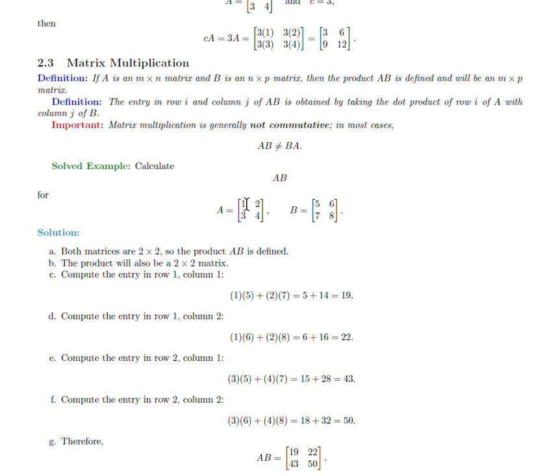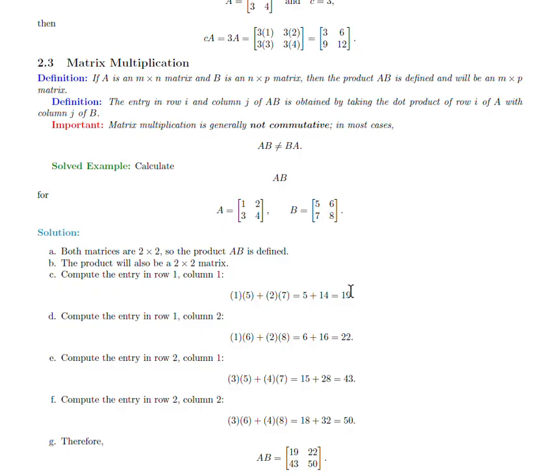You take row 1 in your first matrix against column 1 in the second matrix. Alright, so that is 1 times 5 plus 2 times 7.